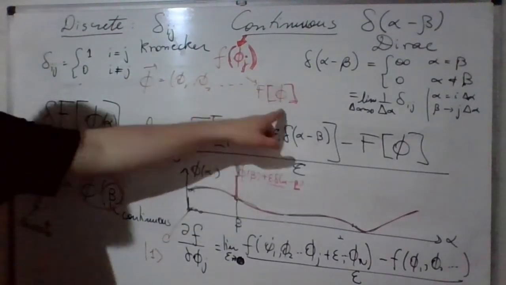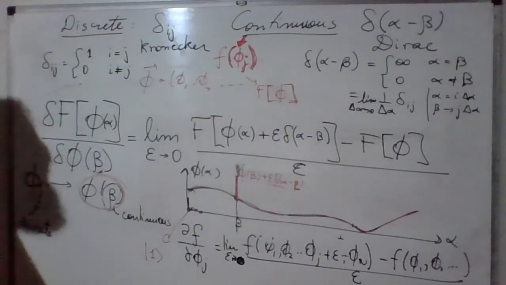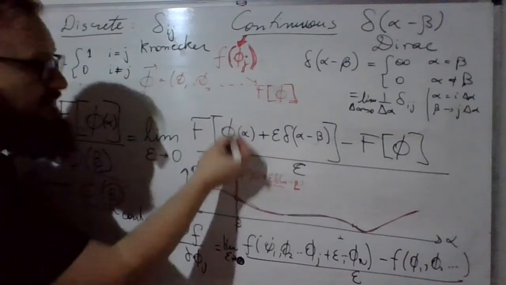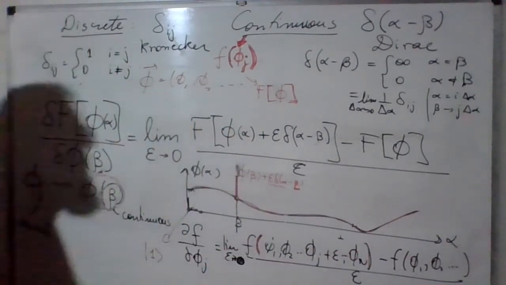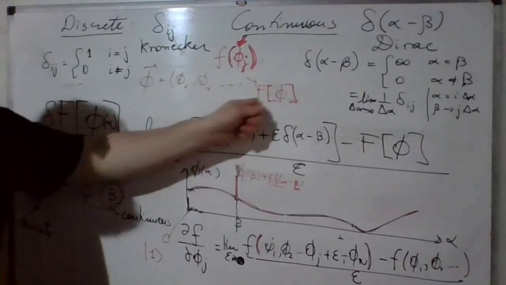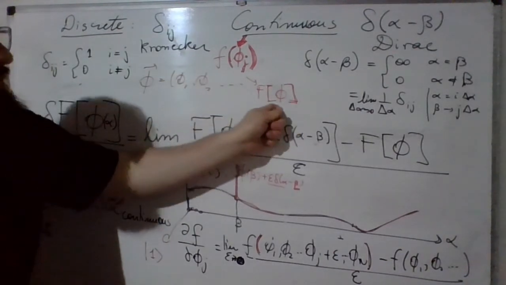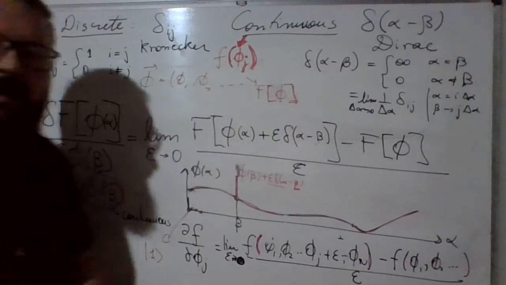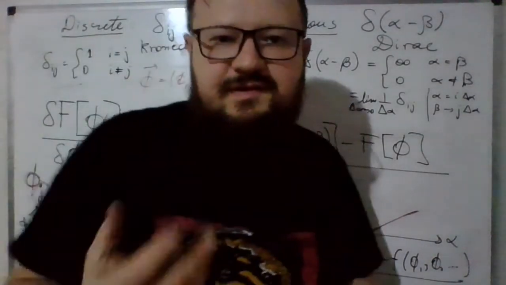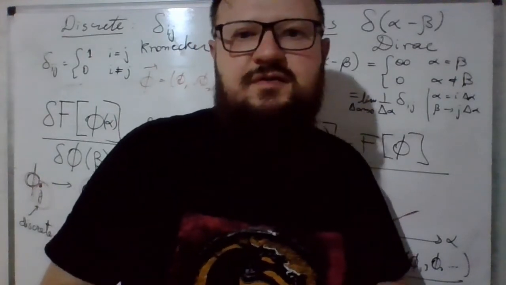Okay, so square brackets for functionals, it is the notation. For functions, you use this round bracket, and for a functional, you need to use a square bracket. Okay, so this is the idea of functional derivative.